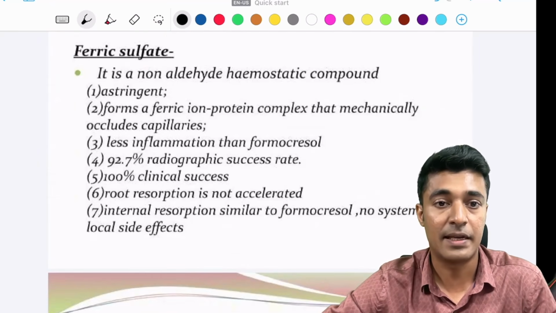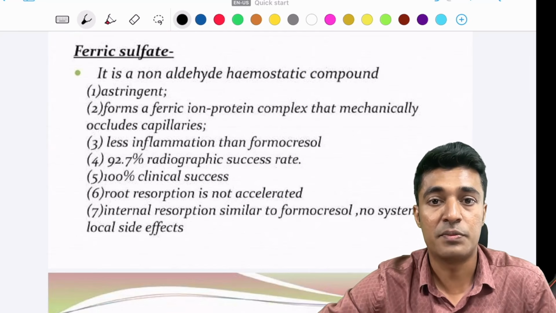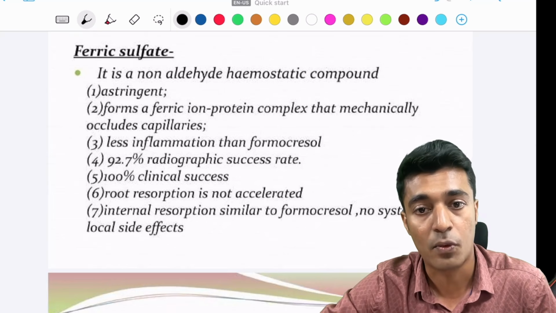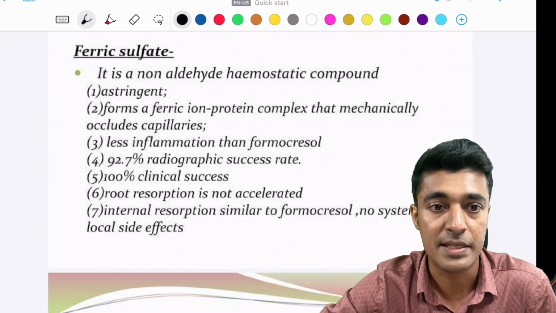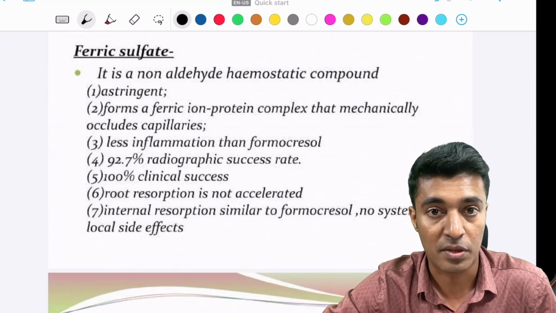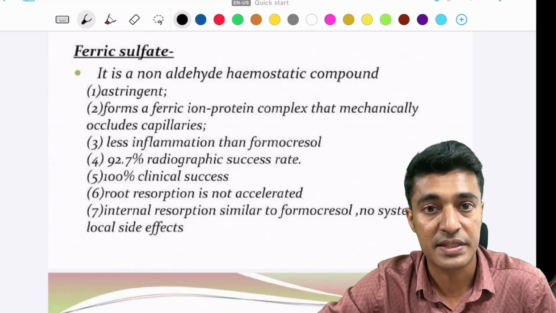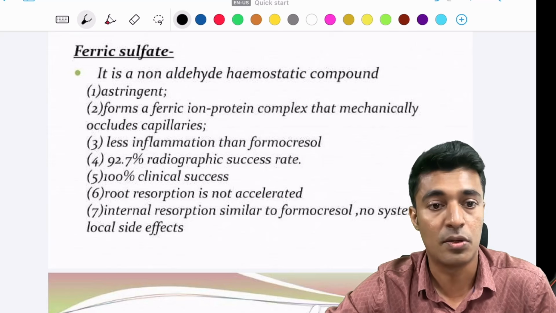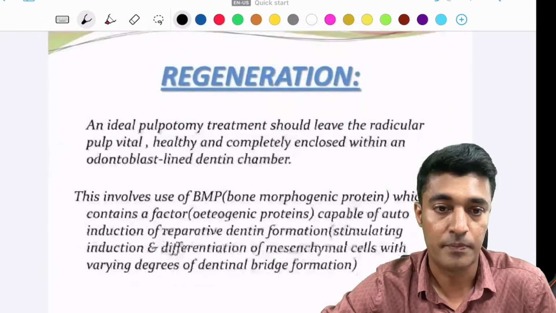Whereas ferric sulfate is used because it has astringent activity that reduces the bleeding, and forms a ferric ion protein complex that occludes the capillaries. There is less inflammation than formocresol, a 92% radiographic success rate and 100% clinical success rate is observed. Root resorption is not accelerated. Internal resorption is similar to formocresol.